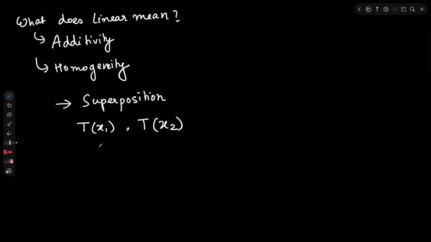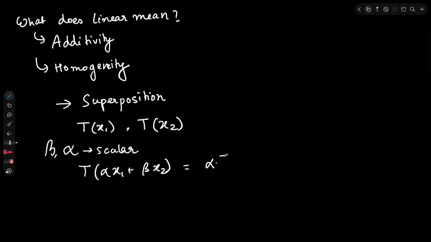So if the function we have is t, and we have a scalar alpha and a beta which is also a scalar, then t of alpha x1 plus beta x2 will be the same as alpha into t of x1 plus beta into t of x2.